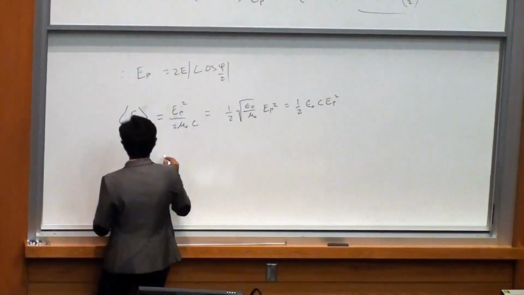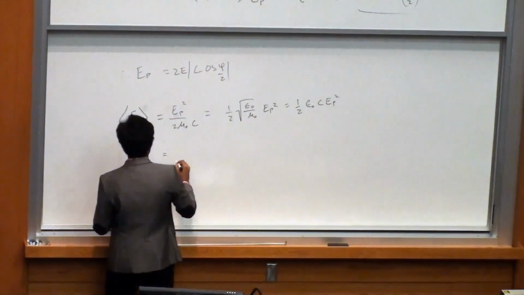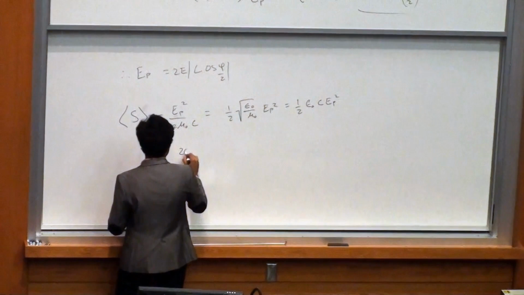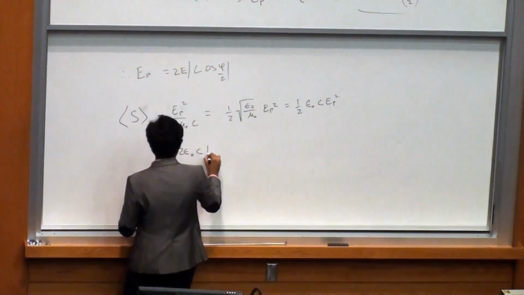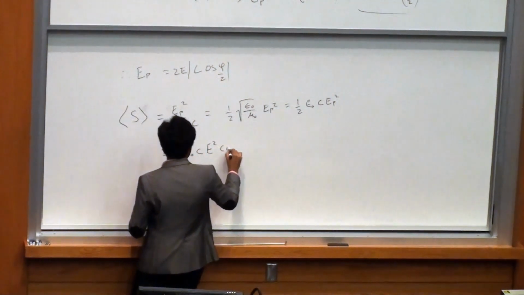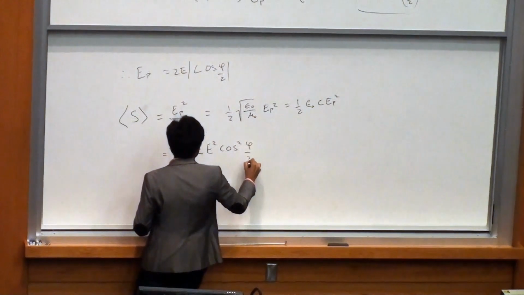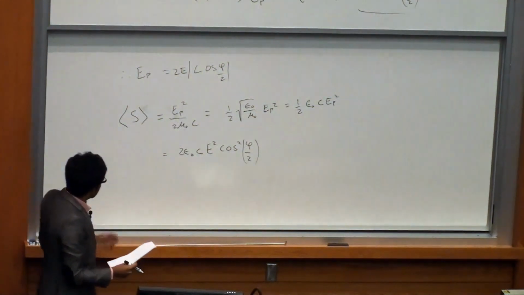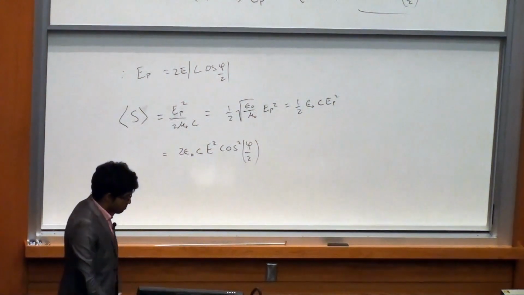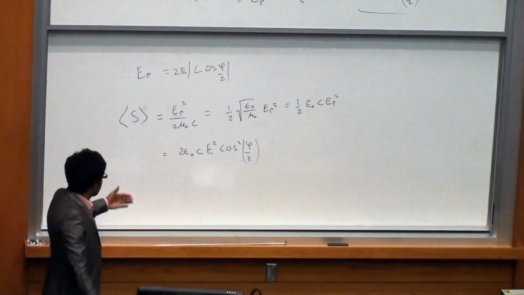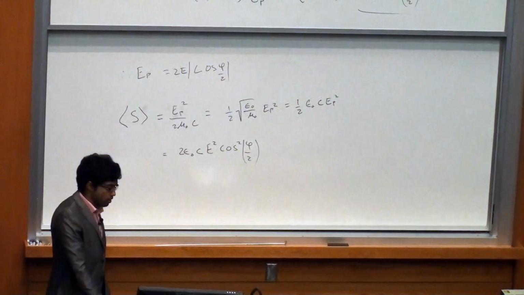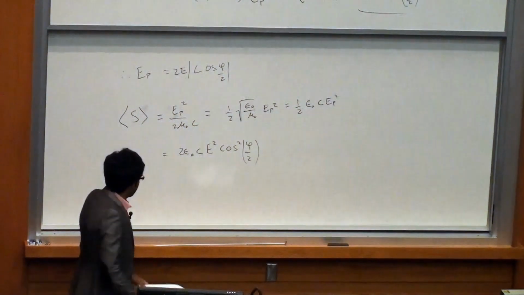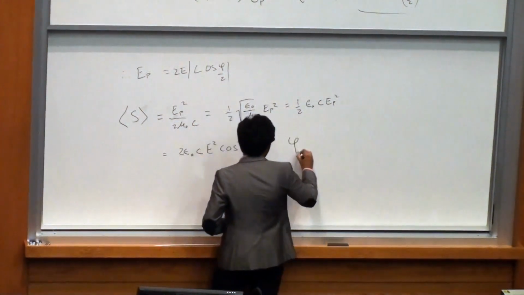Therefore, this comes out to 2 epsilon naught c E squared cosine squared of phi over 2. So we can see that the maximum intensity happens when they're both in phase. There's no phase shift here. So you'll get a maximum when phi is 0.